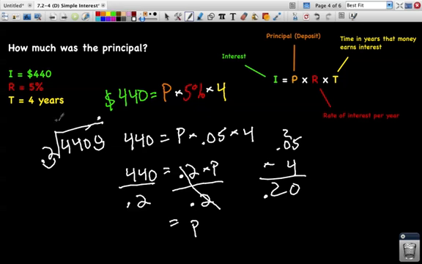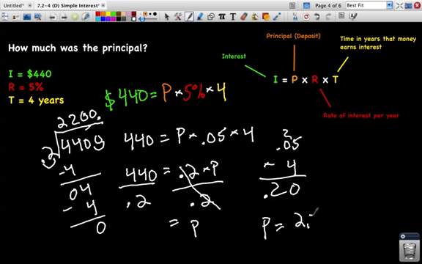And then 2 goes into 4 twice, minus 4, left with 0, bring down your 4, goes into 4 twice, minus 4, and then I have nothing but 0, so I can just add those zeros up. So 2 goes into 4,400, 2,200 times. So what we just figured out is that the initial deposit was $2,200.